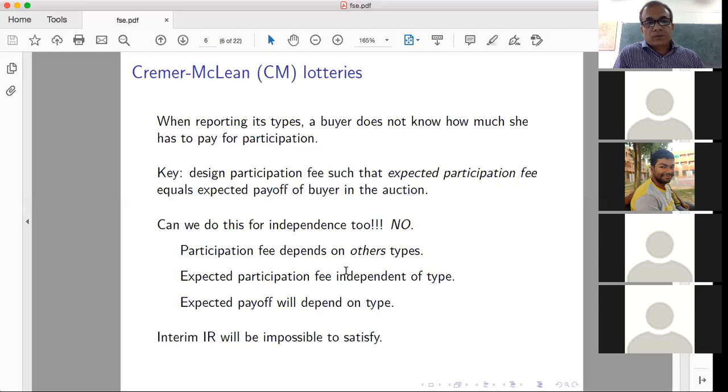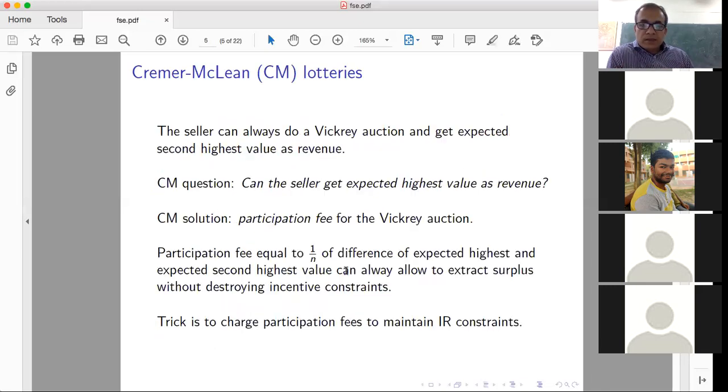The agents know their type anyways, so they will decide if they want to participate or not. You can think of this participation fee as part of the payment of the mechanism itself, but it's a component, at least in this kind of fee that I have talked about, which is independent of the types of the agents.